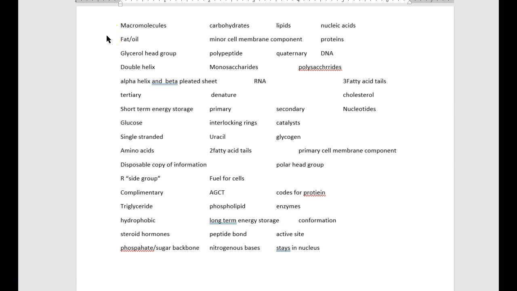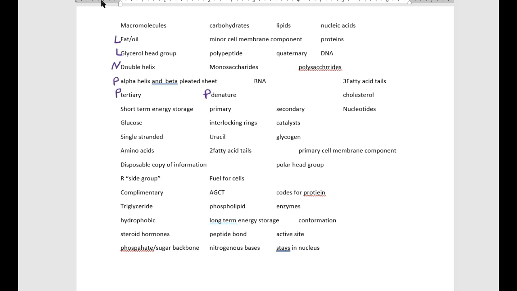Here is fat or oil, so that's a lipid. Glycerol head group, lipid. Double helix, that's a DNA term, so that's a nucleic acid. Protein. Proteins denature.